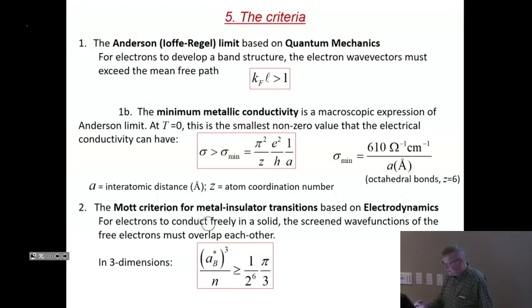So for electrons to conduct freely in your solid, the screened wave functions of the electrons must overlap each other. And so this then gives you, in 3 dimensions, that the Bohr radius cubed over the carrier concentration, so this is a pure number, has to be larger than this quantum number. I don't think we have a 6 there. The formula comes later.